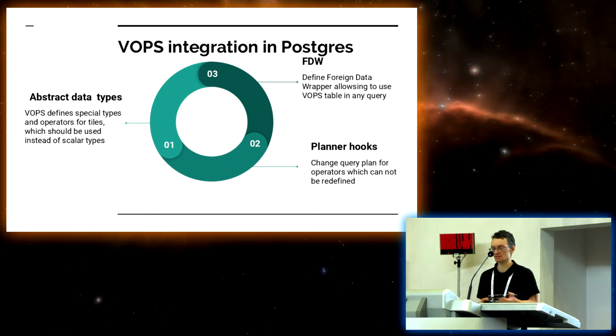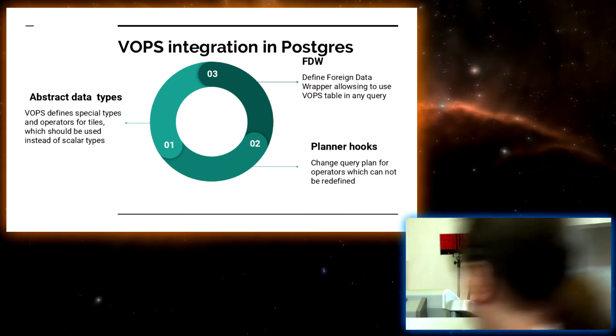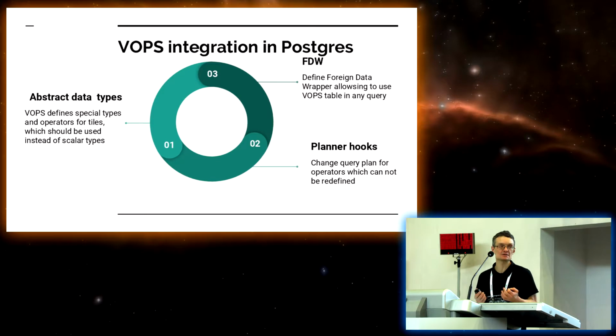If we want to use VOPS tables in ordinary SQL queries with joins, with groupings, with the CTE, this VOPS table from Postgres' point of view should look as ordinary Postgres data.